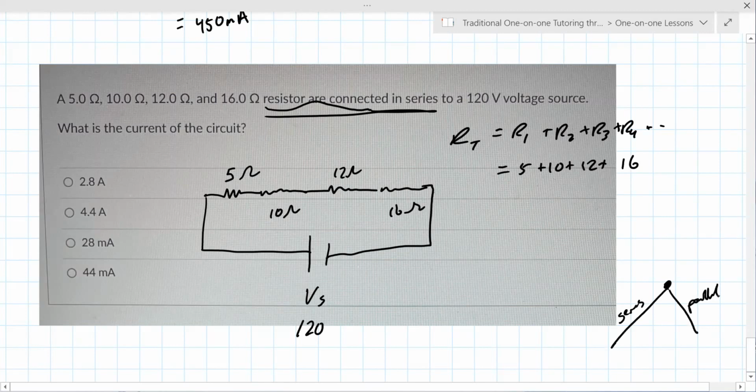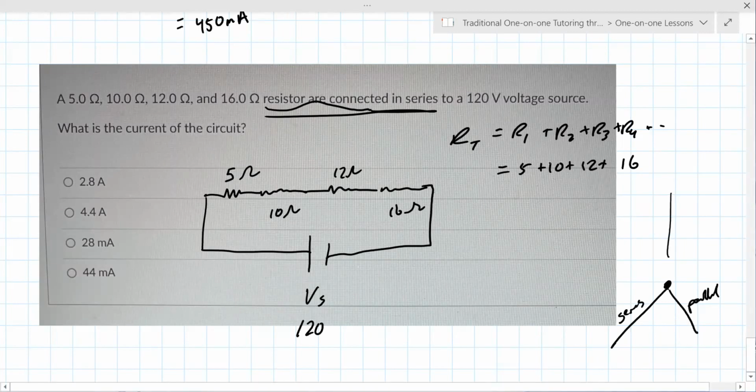And certain formulas work better in series versus parallel. It's almost like there's two columns of formulas that you need.